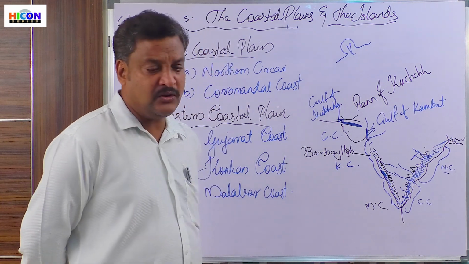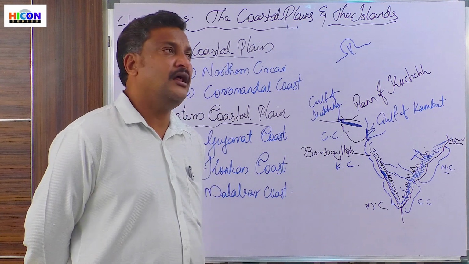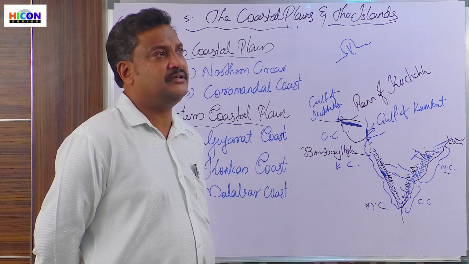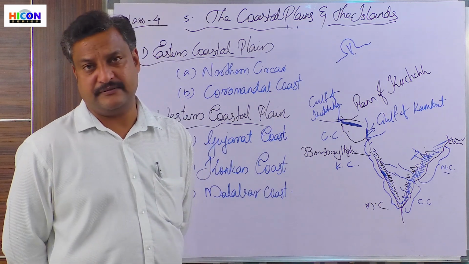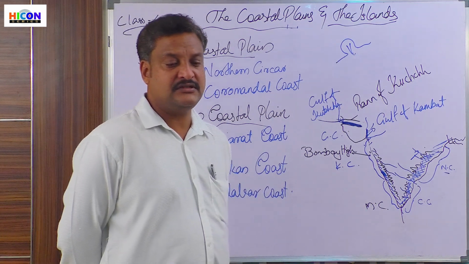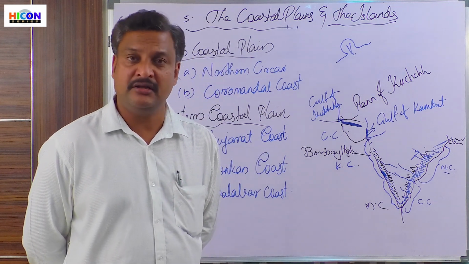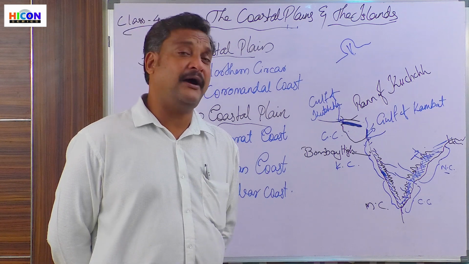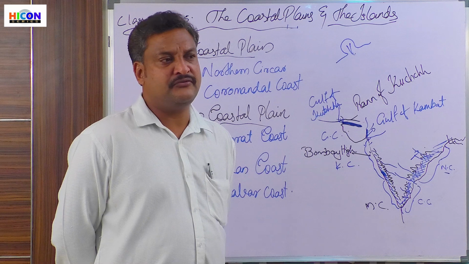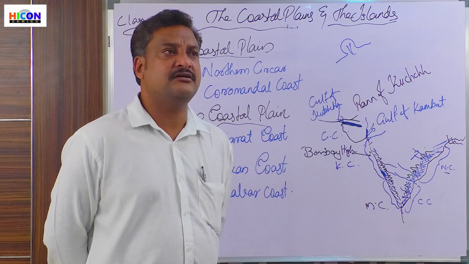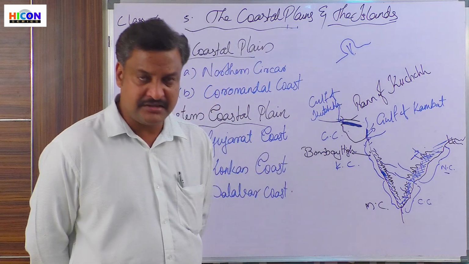This region, the Malabar coast, is actually full of lagoons. Lagoon is nothing else but shallow waters formed by the sand deposits over there. They are called backwaters. Plenty of backwaters are there, and most of these lagoons or backwaters are connected with the sea also, right?